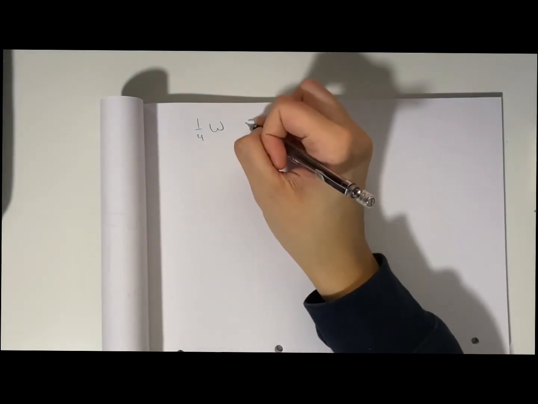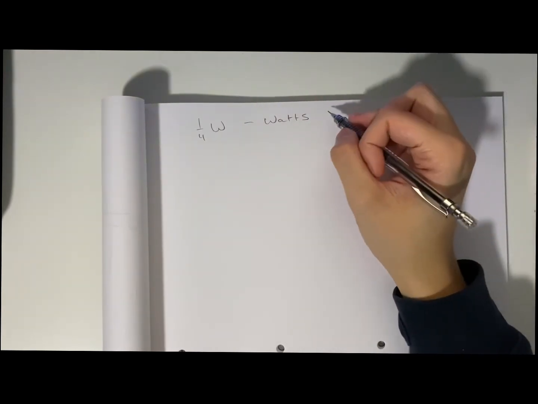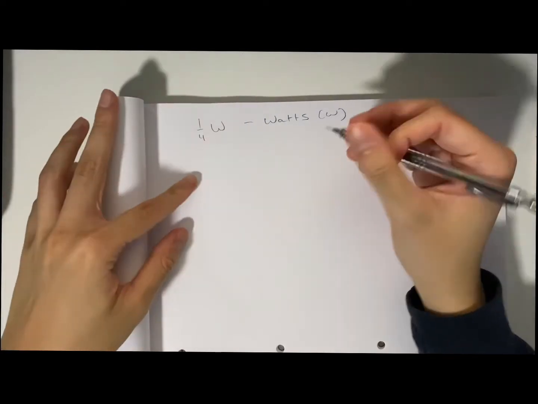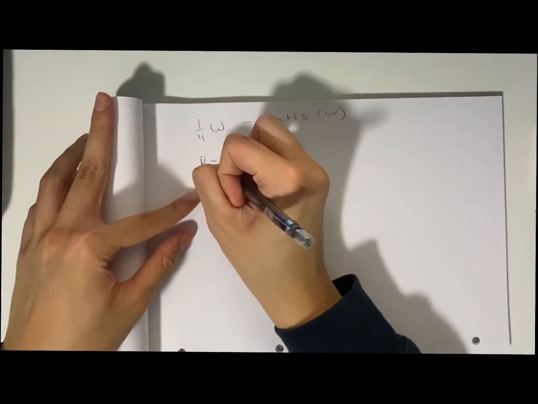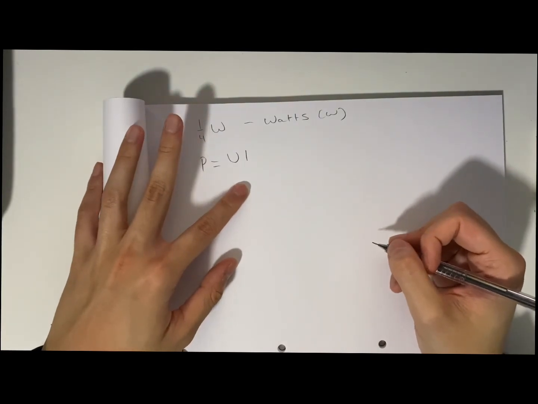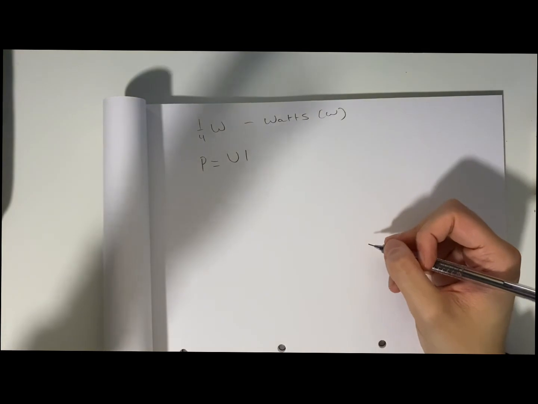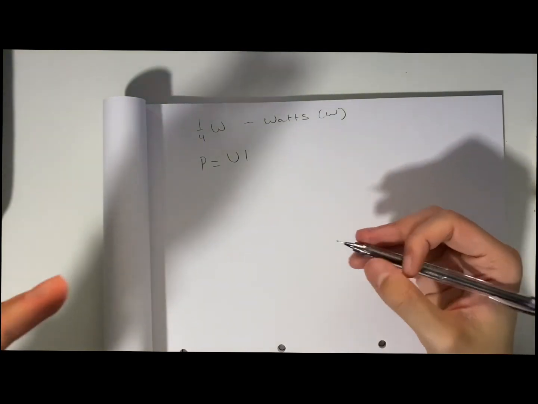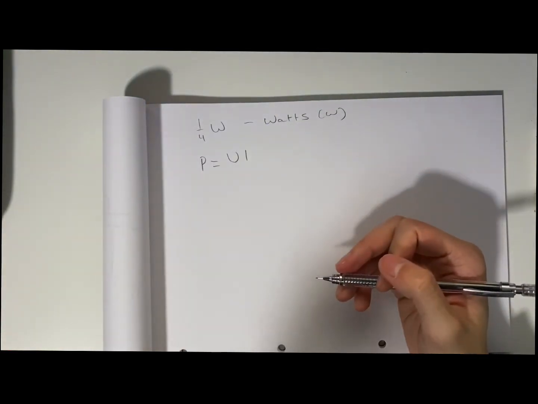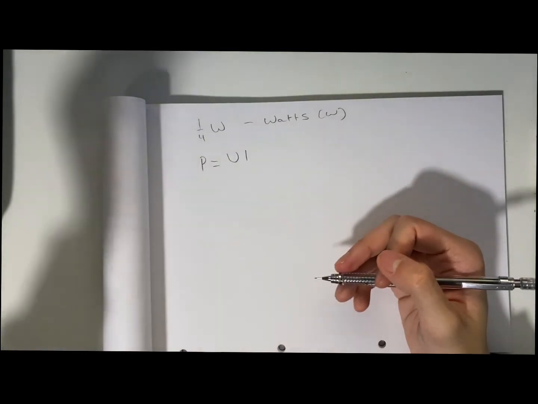Watts, and the SI unit is W. The formula for power is P equals VI, which we know, voltage and current. And the thing about Ohm's law that I want to tie in so nicely is that we can use Ohm's law to make this equation more convenient for values we do not have.